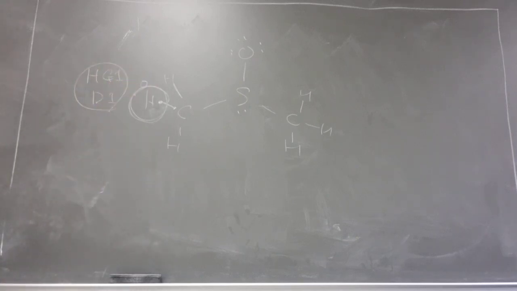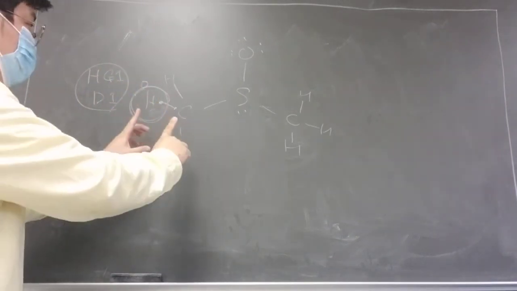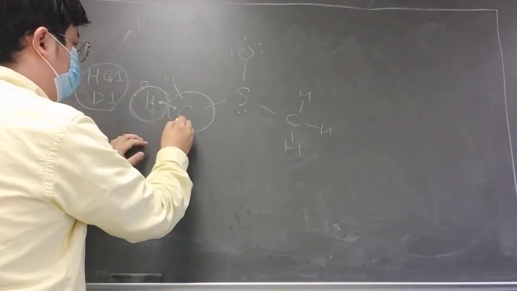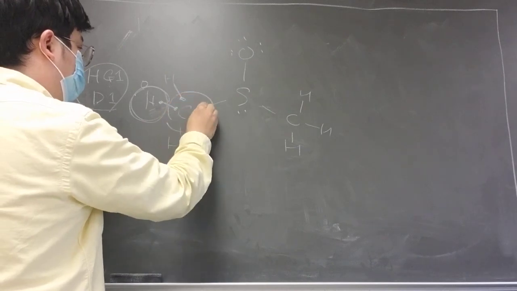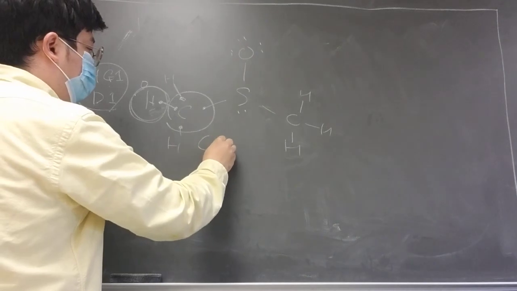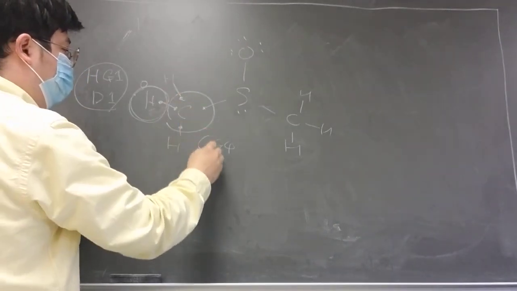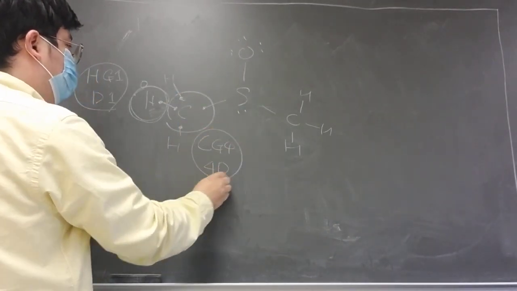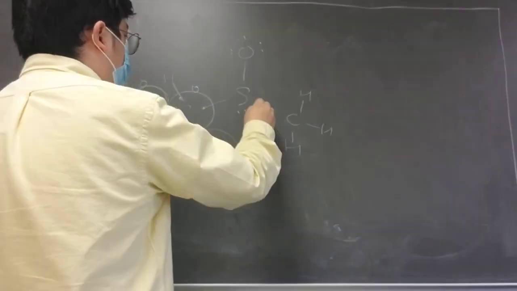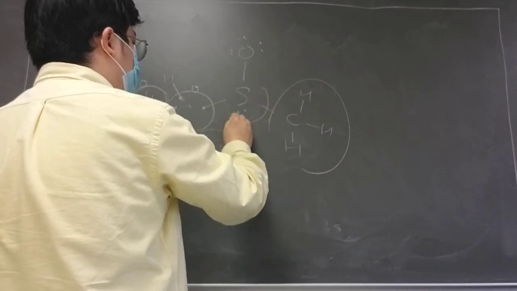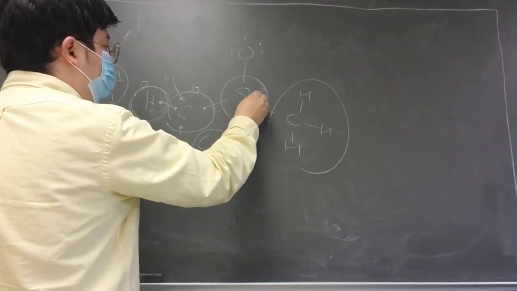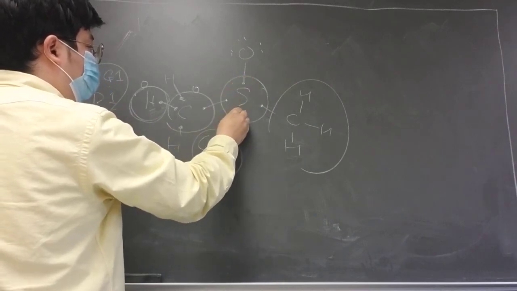Group 1 has 1 dot there, so it's neutral. For carbon here, we circle this one over here too, so it'll be 1, 2, 3, and 4. But carbon is a group 4 element, and you have 1, 2, 3, 4 dots there. So it becomes neutral here too. No problem. But if you look at this one, the center sulfur here, you have 1, 2, 3, 4, 5.